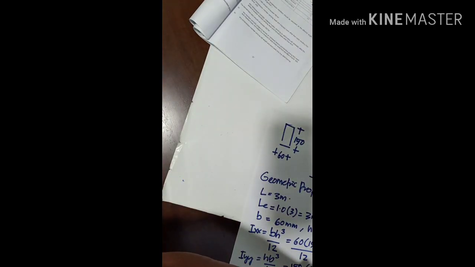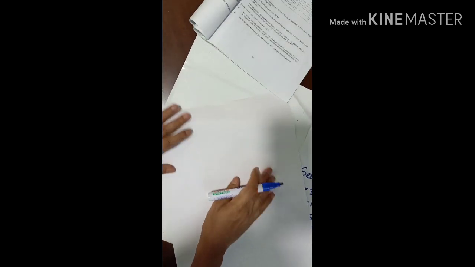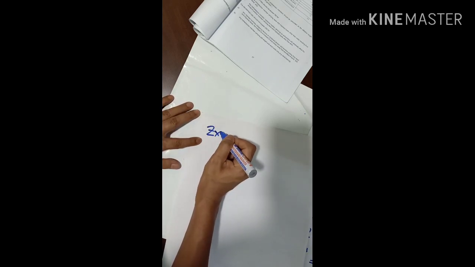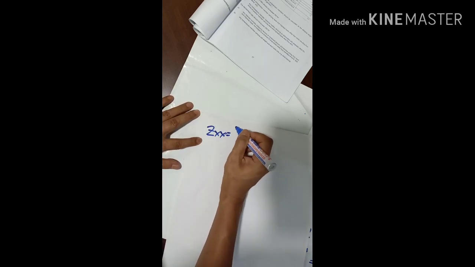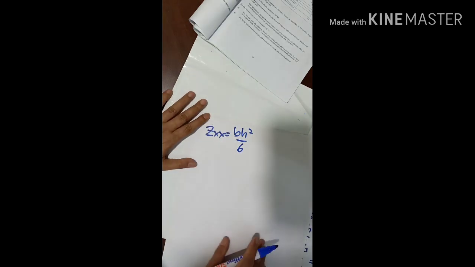Alright, next step is we also have to find the value of Z. So Zx is equivalent to BH squared over 6, since this is a rectangular section.